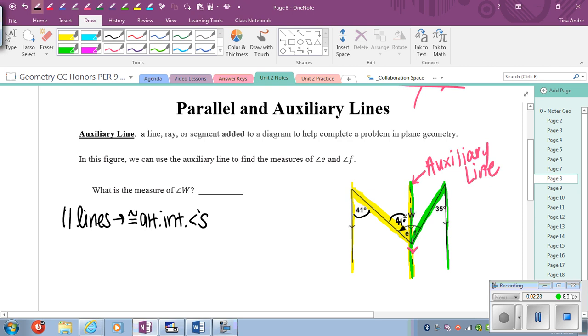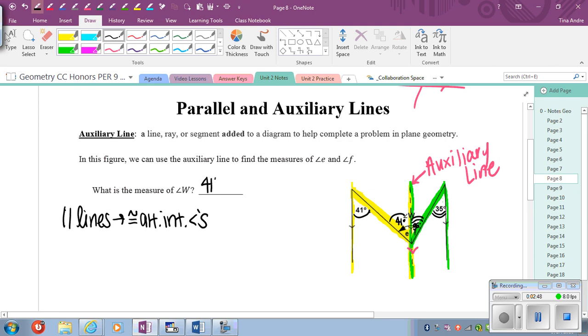Now if I move on to the green diagram, my parallel lines and my transversal, if I look at 35 and how that compares with angle F, I have another Z shape, another pair of alternate interior angles. So that means angle F is 35. And again, same reason, parallel lines imply congruent alternate interior angles. So now if I want to find angle W, angle W is just those two added together.